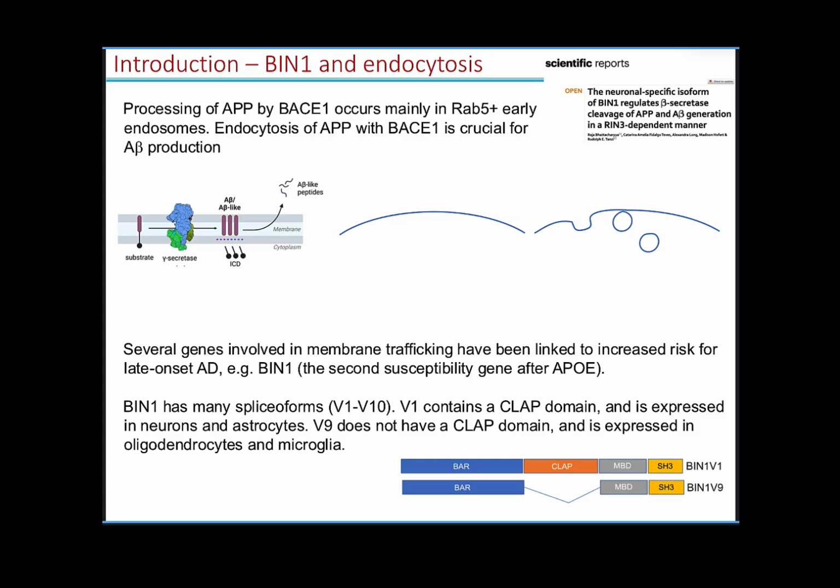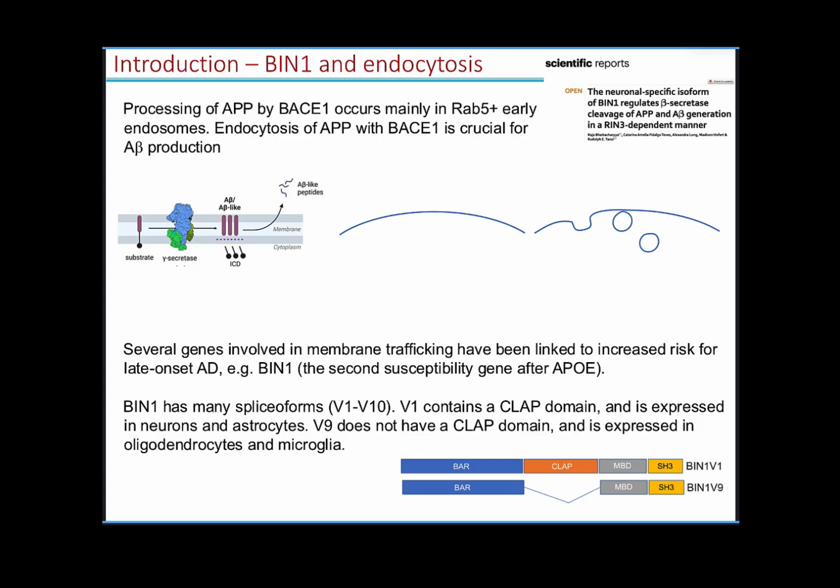In this case, there are 10 different variants of spliced BIN1 mRNA, V1 through V10. And those variants, in this particular case, will generate different proteins, right? We discussed when we talked about alternative splicing that not always will you get different amino acid sequences in the final protein, that sometimes alternative splicing will affect other aspects of gene expression. But in this case, these variants of BIN1 do contain different domain structures.